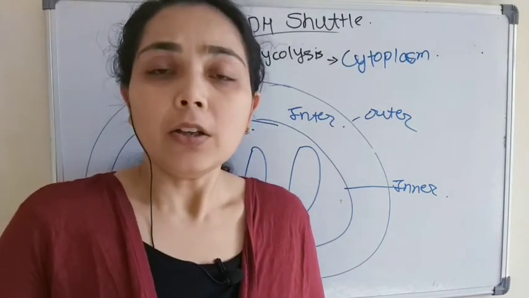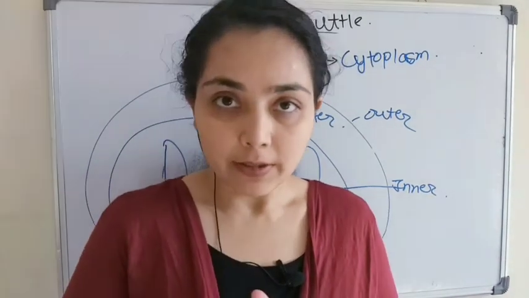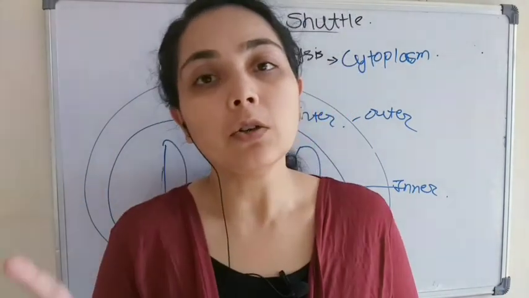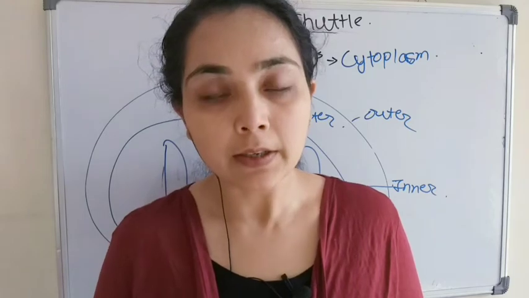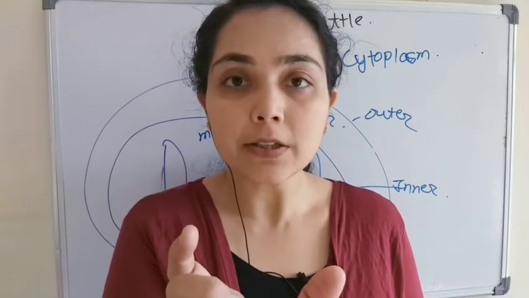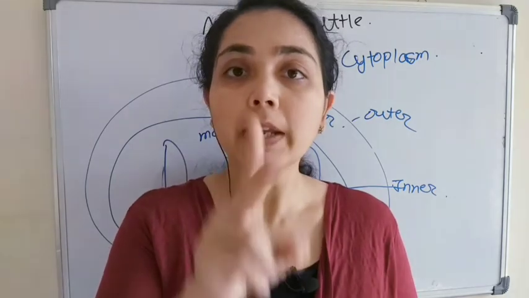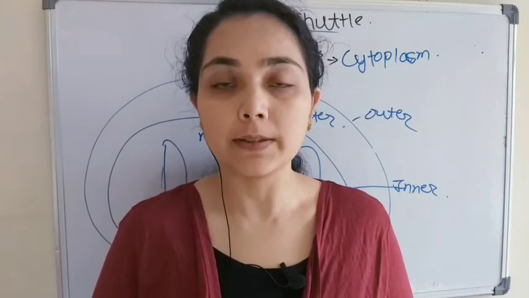During the step of glycolysis where glyceraldehyde 3-phosphate is converted into 1,3-bisphosphoglycerate, we also get NADH. So in total we get 2 NADH molecules from one glycolysis process.